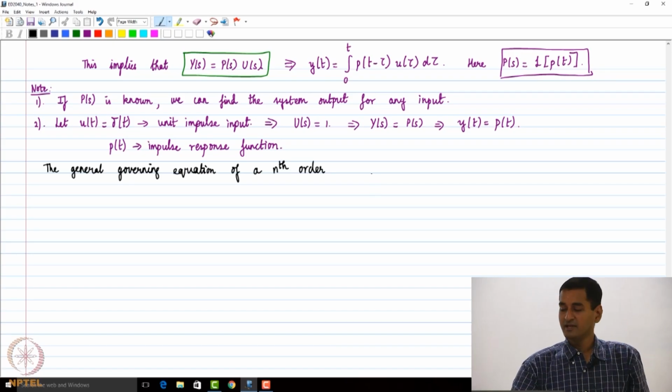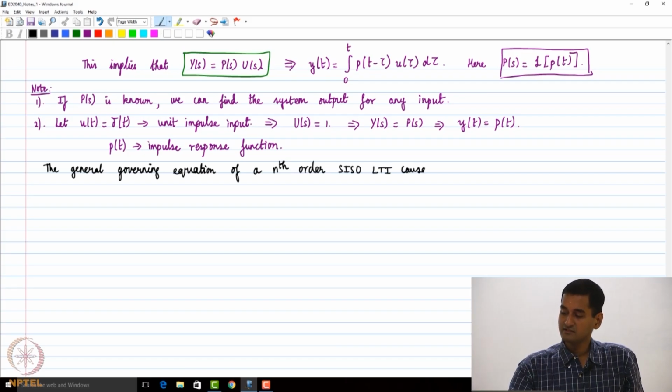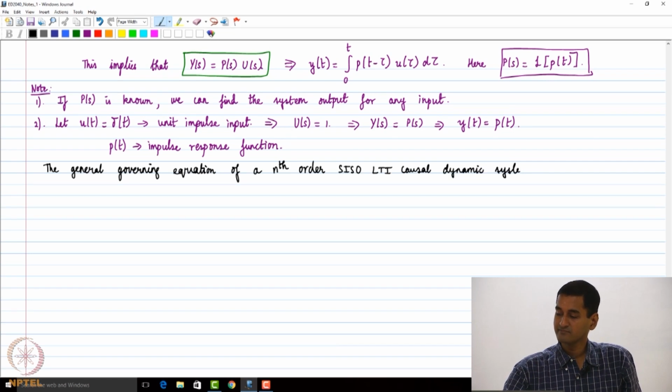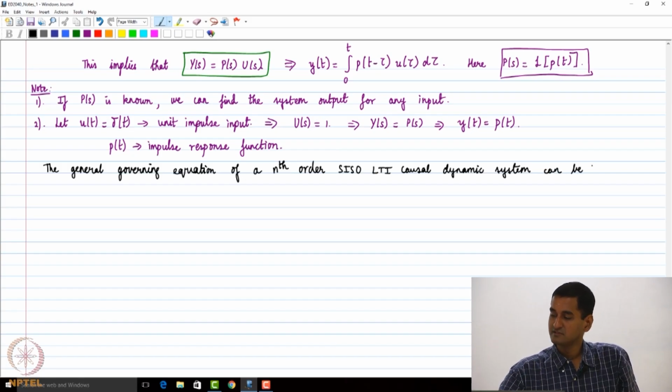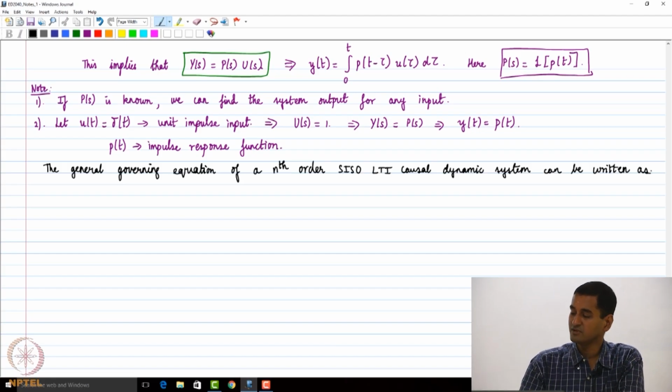So, an nth order SISO LTI causal dynamic system can be written as follows. In general, the governing equation of an nth order SISO LTI causal system can be written as the following.